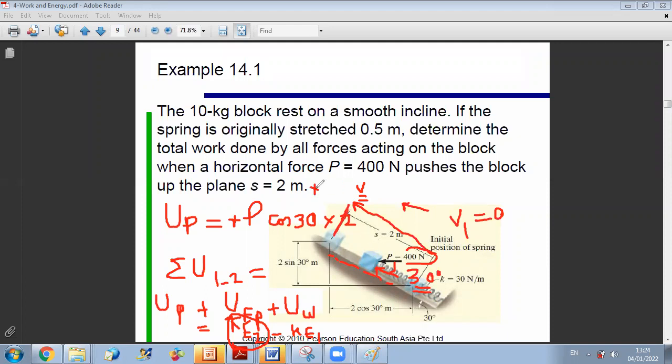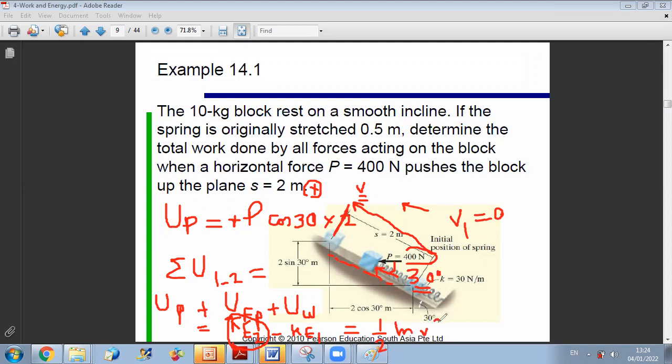Because at a certain location, the spring maybe will be able to overcome the work of P. So they can ask you for which location my block will stop. You can do your calculation and know what will be this position, okay? But at this location, S equal to, you can find that the result, total result is positive, and you can say now I can calculate what is the velocity at this point.